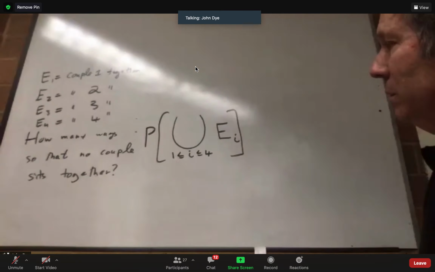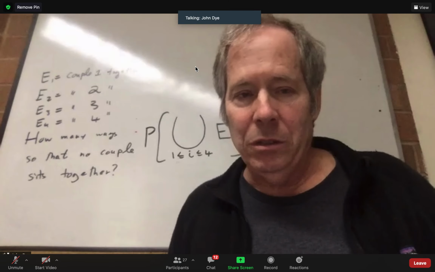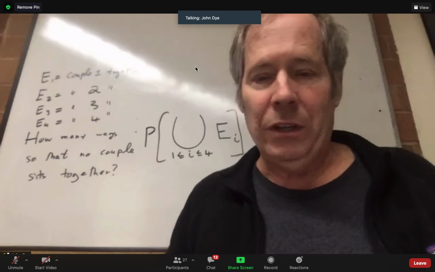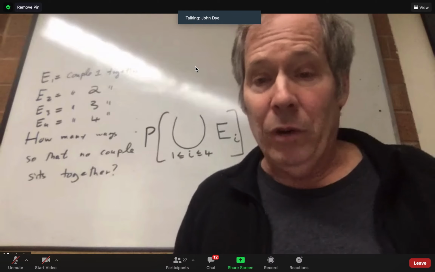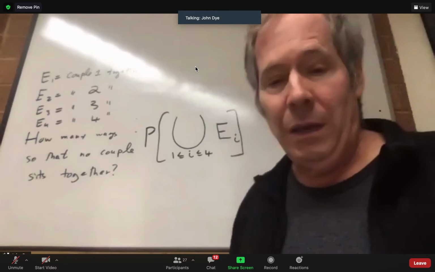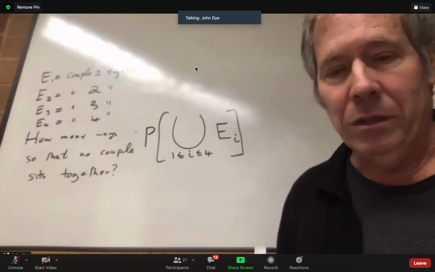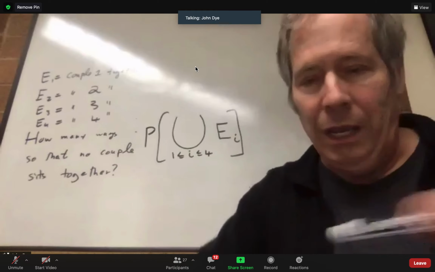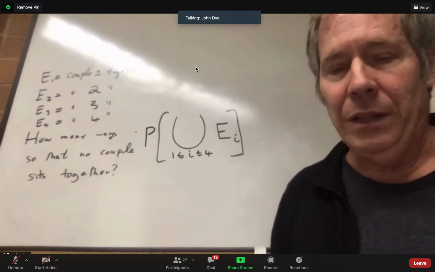Think about it. You've got 4 couples, so this is not a Stepford wives situation. Everybody's different, all the wives are different. That's 8 people. How many ways can 8 people be seated on that bench, regardless of all these extra conditions, just any seating?